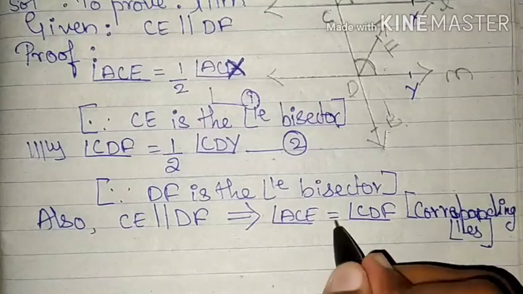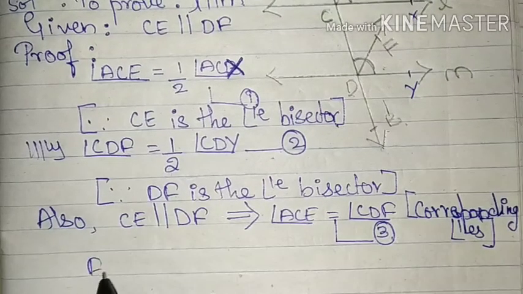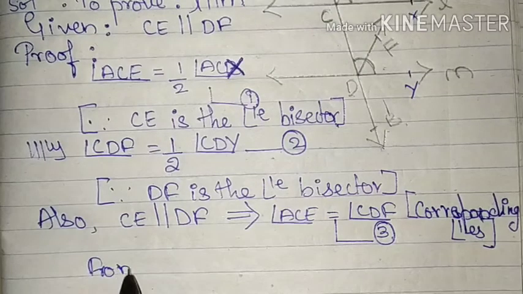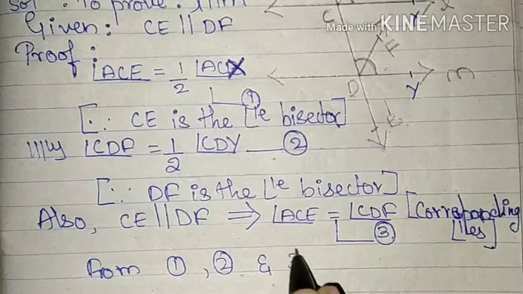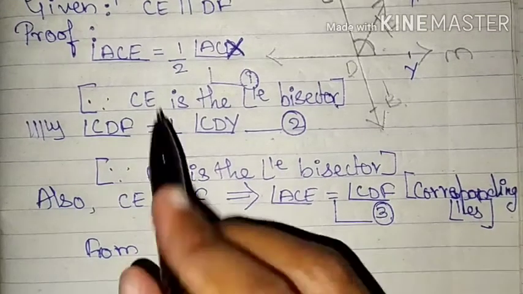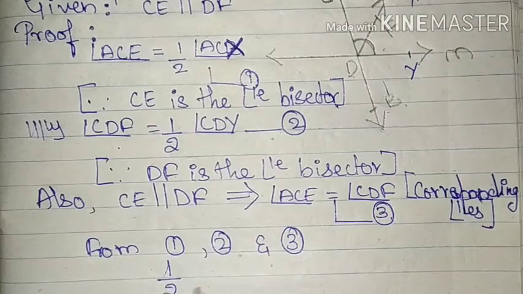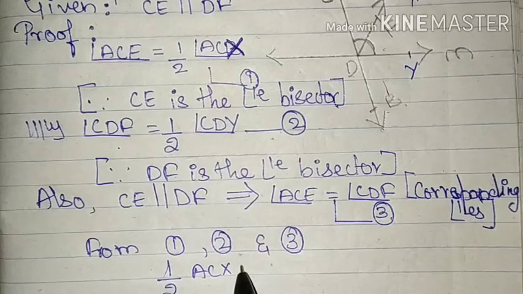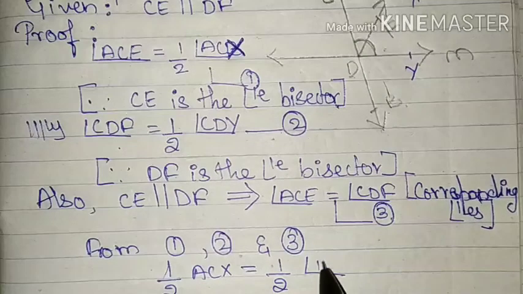This is our result 3. From 1, 2 and 3, we can write, since ACE is equal to CDF, half angle ACX is equal to half angle CDY, right?